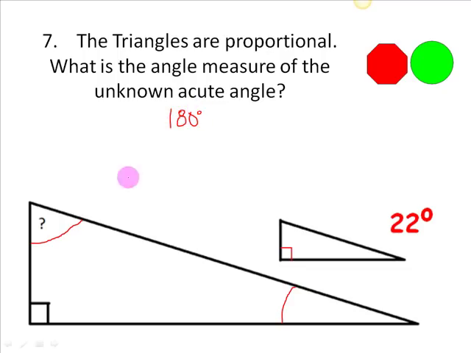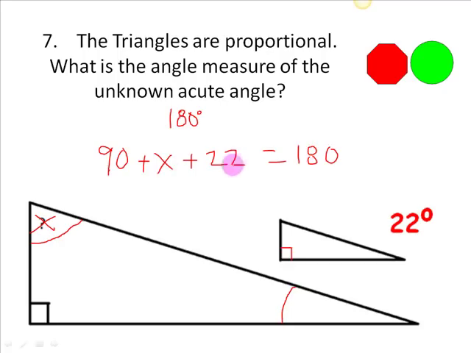So what that means is this angle right here that we'll call x, because we don't know what it is, and that's the traditional thing that we use when we don't know something. We know that 90 degrees plus x degrees plus 22 degrees equals 180 degrees.